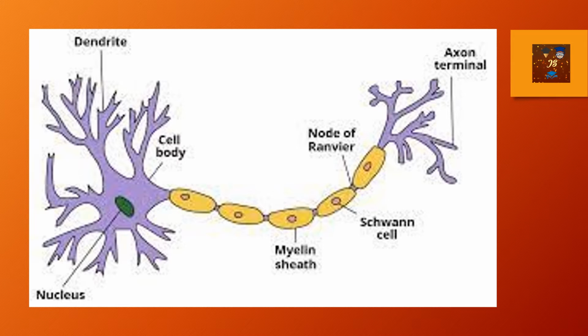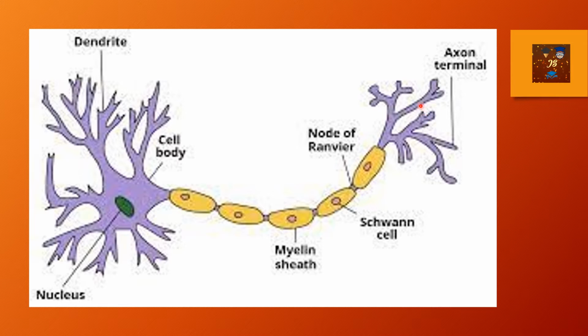Now you see just a drawing of the neuron. Here I have given this. You can see that basically three parts are there. First, this part is known as the cell body, and this total yellow portion is known as the axon.